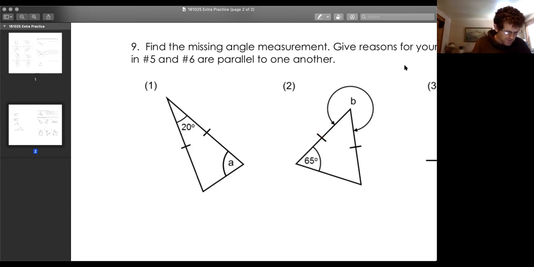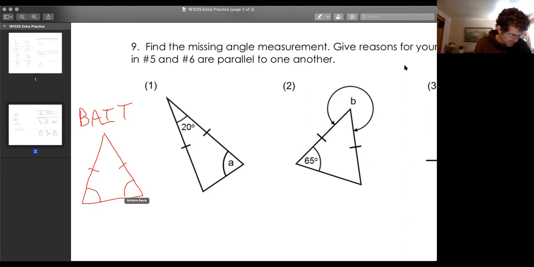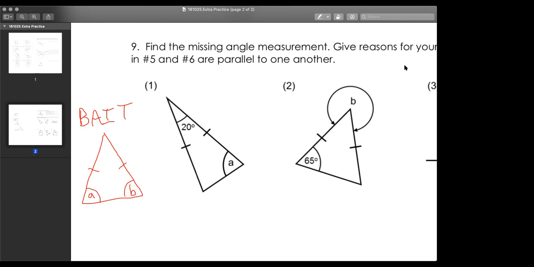All right, so we do have a rule which abbreviates to this: base angles of an isosceles triangle, which says that, what do we know about these two angles, A and B? They're going to be the same. That's absolutely right.